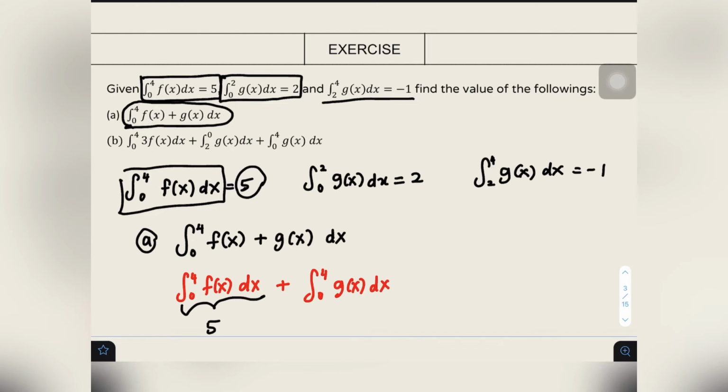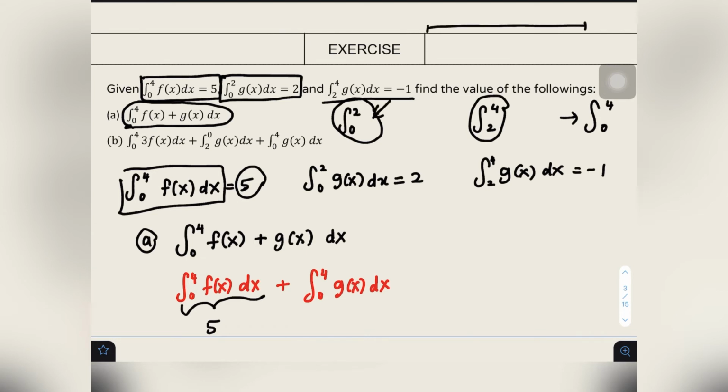How can we do it? One more property that I think I left out just now is the property of combining integrals. Let's say we have the integral from 0 to 2, and then we have the integral from 2 to 4. If you add these two integrals, what you will get is the integral from 0 to 4, because you have a timeline, right? For the first integral, it calculates from 0 to 2.